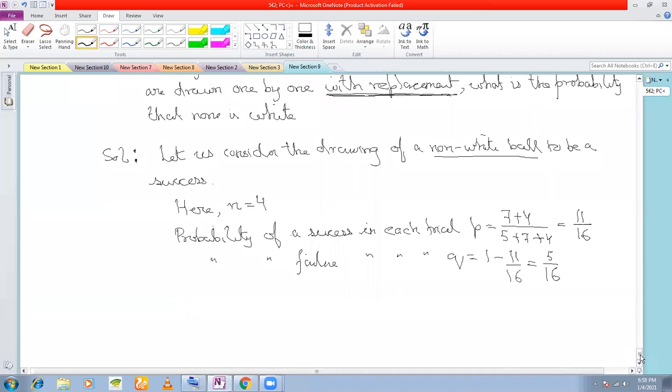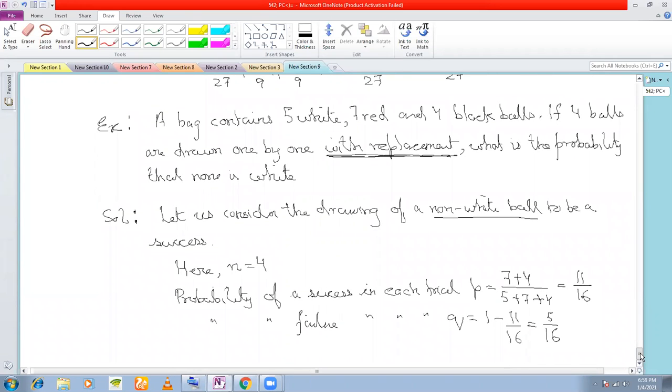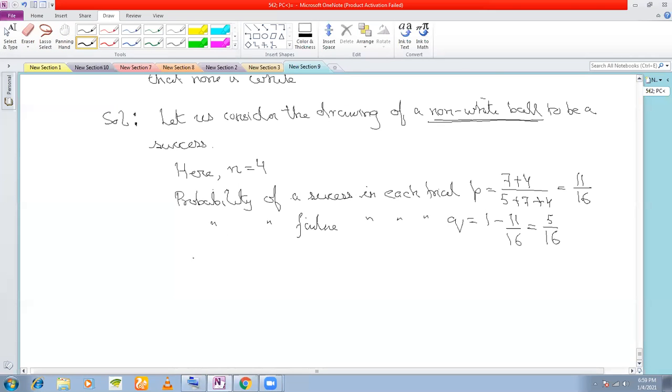Trials are only 4, and in each of the 4 you're drawing out a non-white ball. That means the number of successes that you must get is 4, because you are drawing out a non-white ball in all the trials. So here R must be equal to 4.